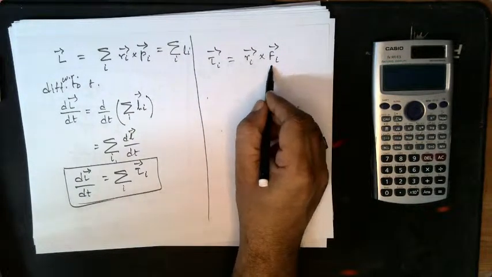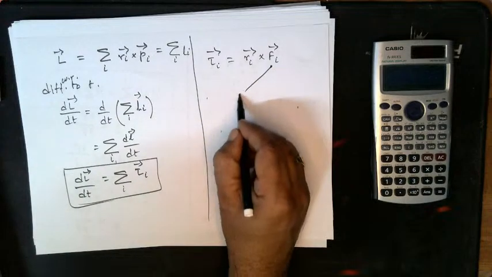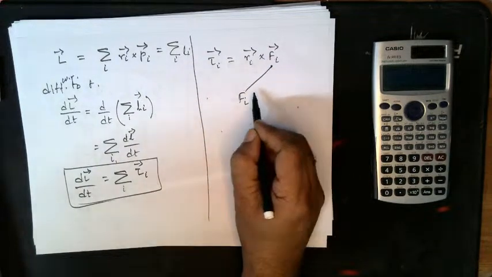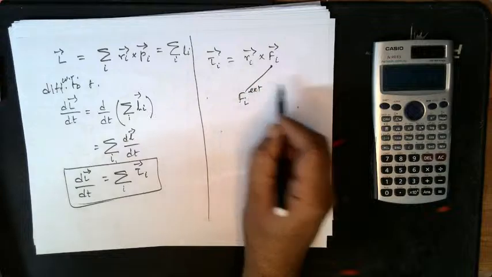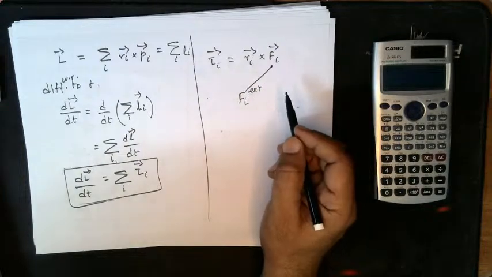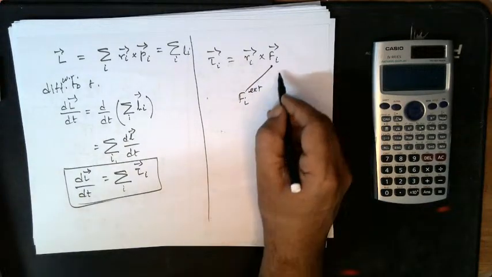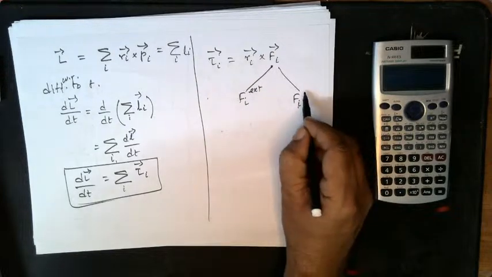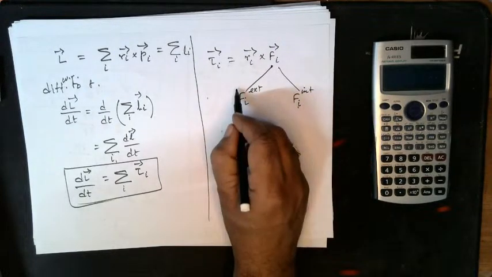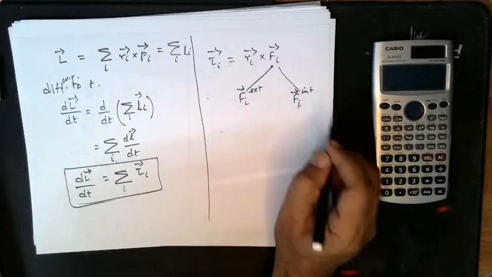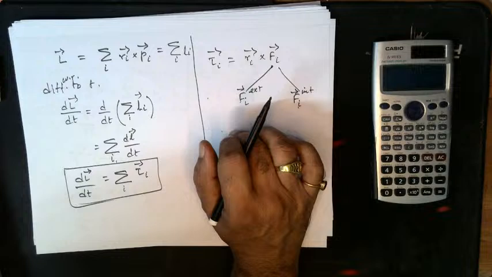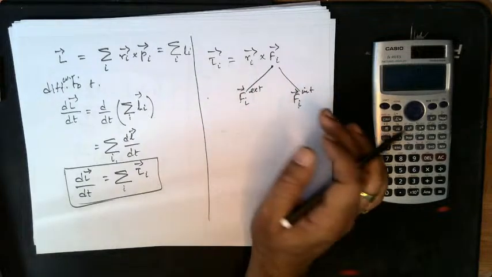One is Fi external, and the other one, what is that? Fi internal. So you can split this into two. Actually, this is the sum of both external and internal.